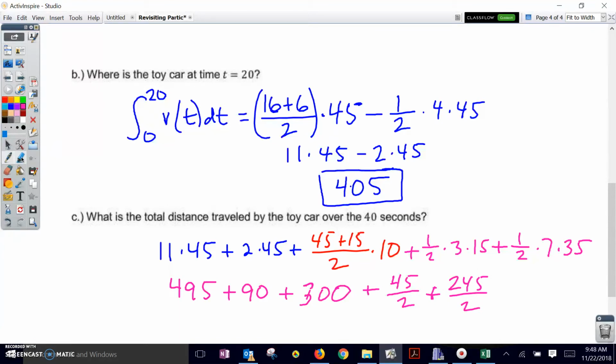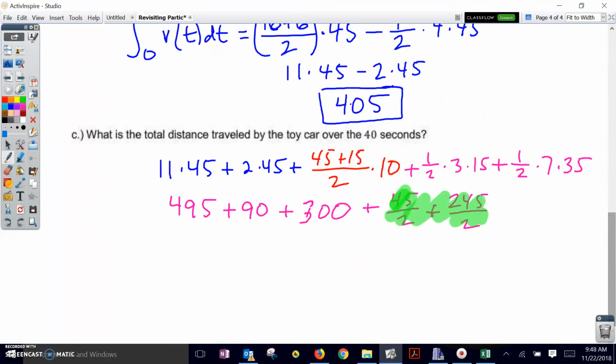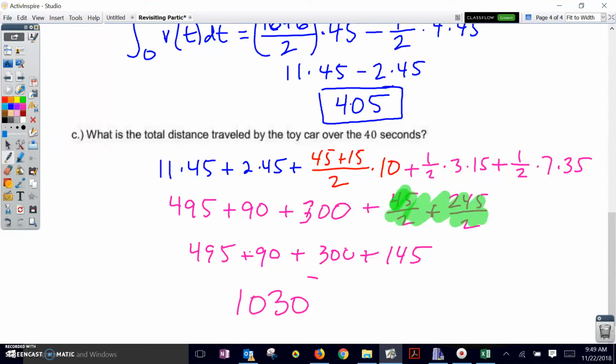Combine these two together, gives you 290 over 2, which is 145. So 495 plus 90 plus 300 plus 145, that's 640, 730. 1,030 units is the total distance traveled by the toy car.